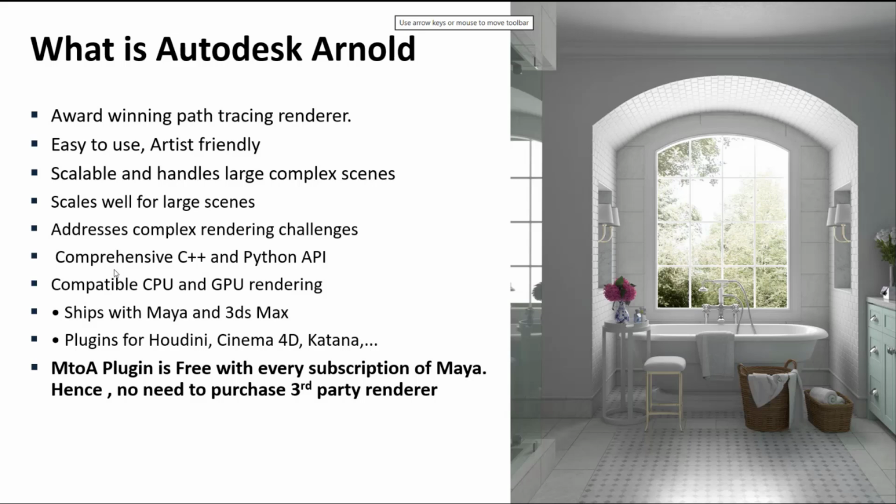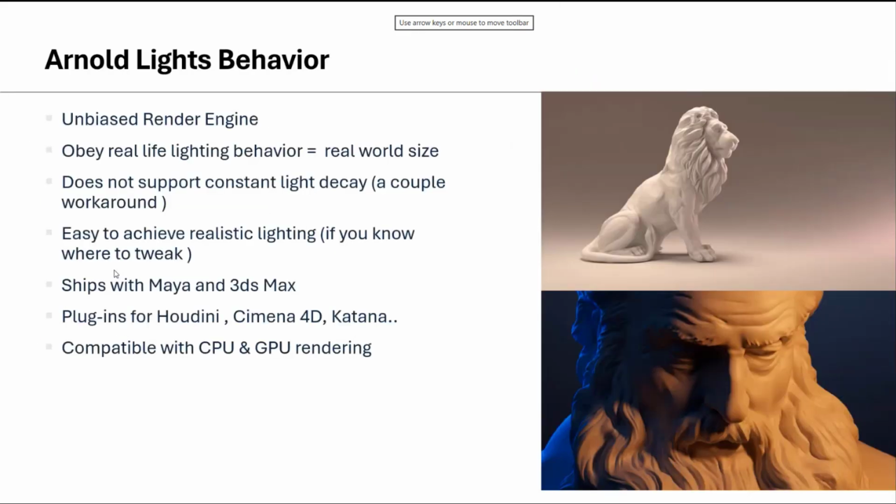Okay, so this is Arnold's behavior. I think this is Arnold's behavior as an unbiased render engine. It's easy to achieve realistic rendering, which means if you put some lighting there, then you get good information in your output rendering.